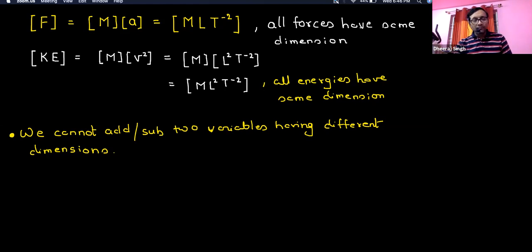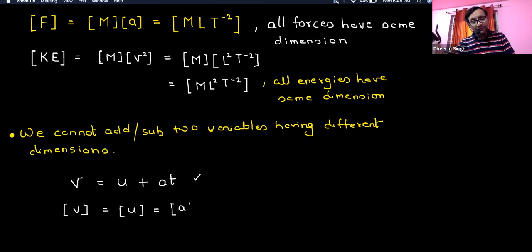So now, taking an example of an equation, V is equal to U plus AT. Using this equation, I can create a dimensional equation. Dimension of V should be equal to dimension of U, and this should be equal to dimension of AT. Dimension of U should be equal to dimension of A into T because you're adding them.